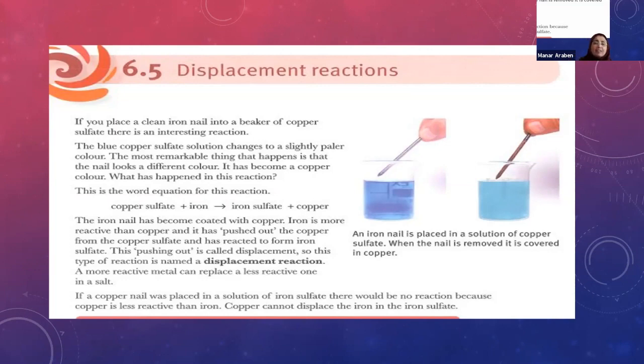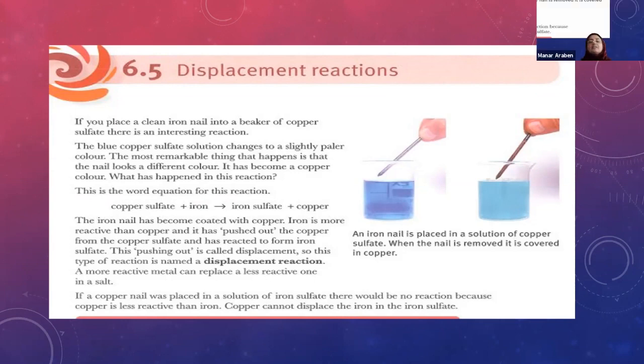The copper sulfate is a chemical compound. Iron is a single element. When these react, do you know at first the difference between elements and compounds? يعني مش عارفاها بس مش فاكرة.